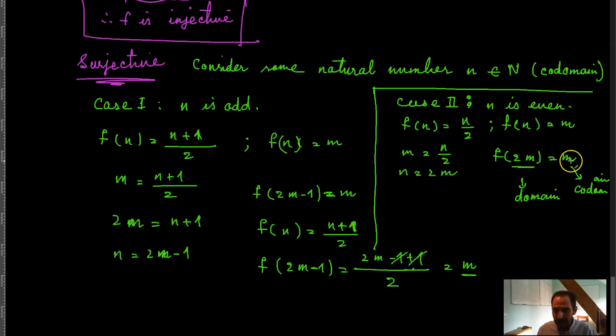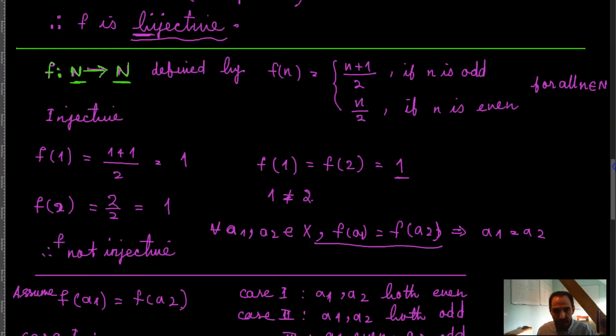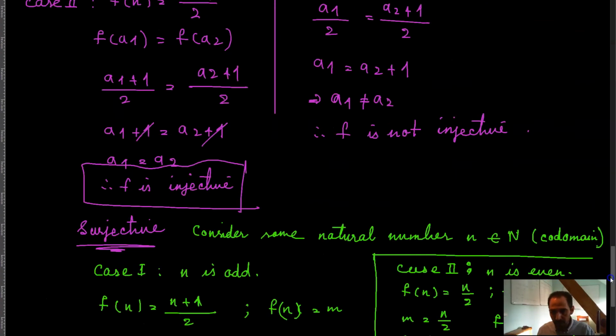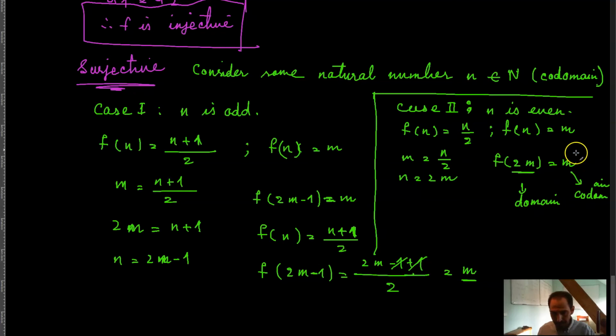Now this whole argument depends on what sort of domain and codomain you have. Over here, the domain is the set of natural numbers, and the codomain is the set of natural numbers. So m represents some number in the set of natural numbers. If m is a natural number, then any natural number, when you multiply it by 2, is still going to be a natural number. That means that it can exist in the set of natural numbers.